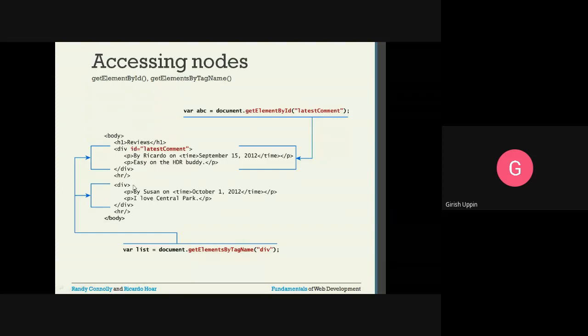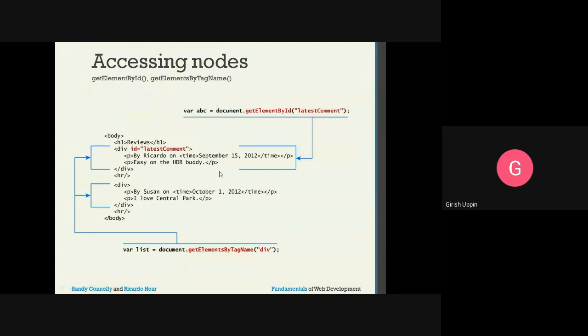If you see this HTML document, I have this div. This div has the id of latestComment. Now the element node object is given to this, so it will get this div element node. So abc will get the div element node, which has both the paragraphs inside it.